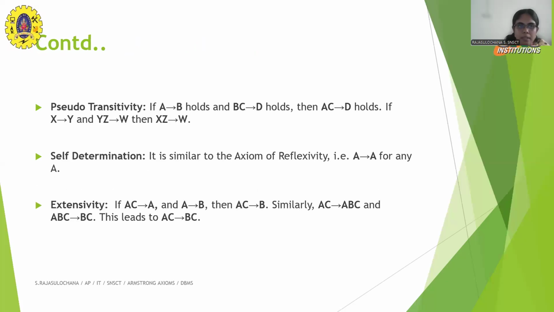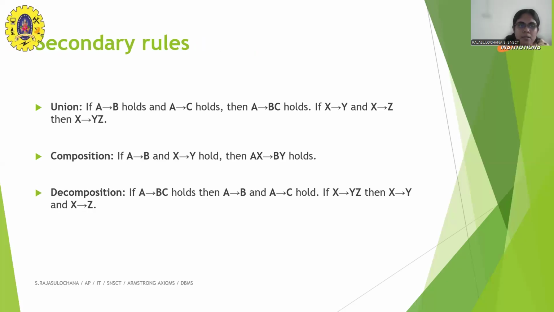Next, we will see about the secondary rules. So we have totally 6 secondary rules. First one is the union property. Union property says that if there is a functional dependency A determines B, and another functional dependency A determines C, and if these two functional dependencies hold, from these two functional dependencies, we can say A determines BC. Here, the determinant attribute is same.